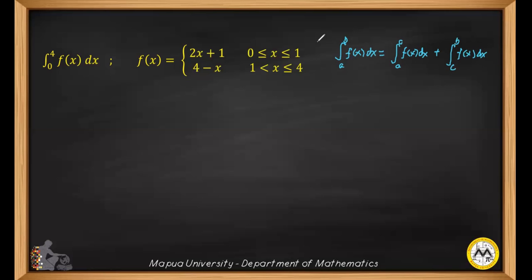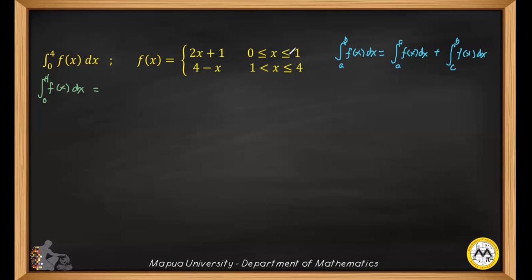So applying this property, the integral of f of x dx from 0 to 4 is equal to the integral of f of x dx from 0 to 1, plus the integral of f of x dx from 1 to 4.